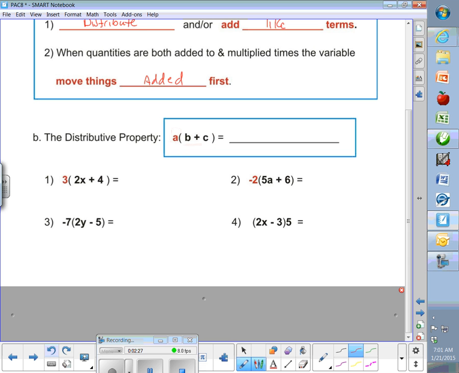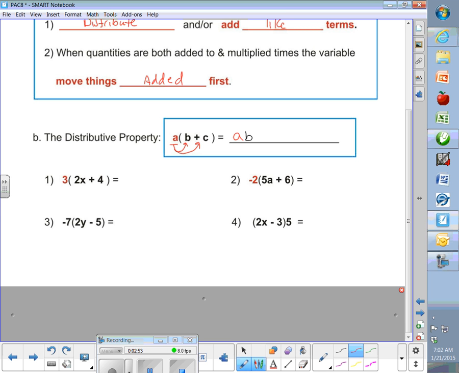And so what we need to do is remember how to distribute. You take that A and you multiply it times the B. I'm going to use a red A and then a black B. A times B is AB. Then the next distribution, we have an A times a C. You've got that plus sign there.